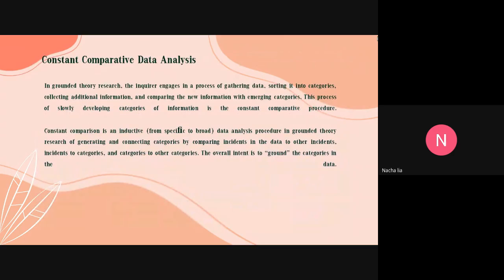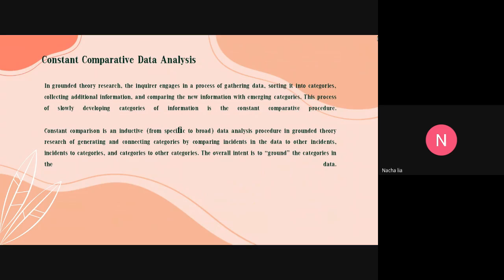Constant comparative data analysis. In grounded theory research, the inquiry begins in a process of gathering data, sorting it into categories, collecting additional information, and comparing the new information with emerging categories. This process of slowly developing categories of information is the constant comparative procedure.